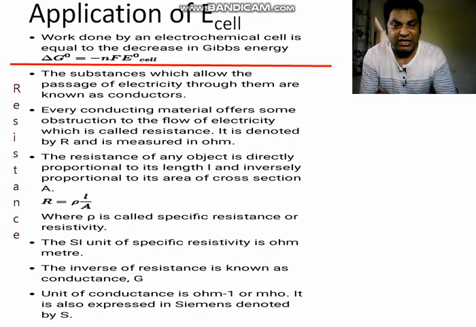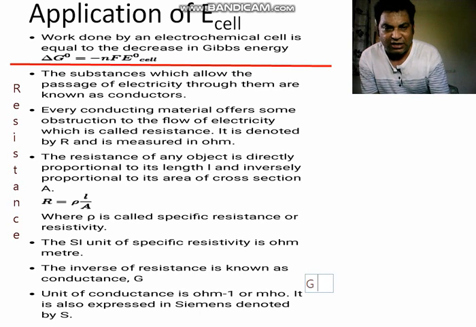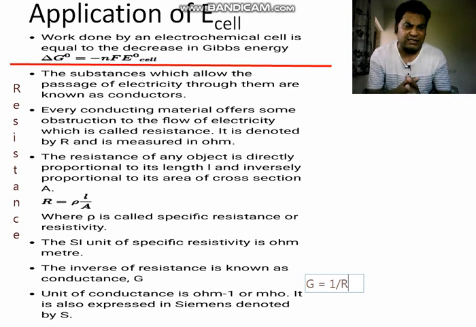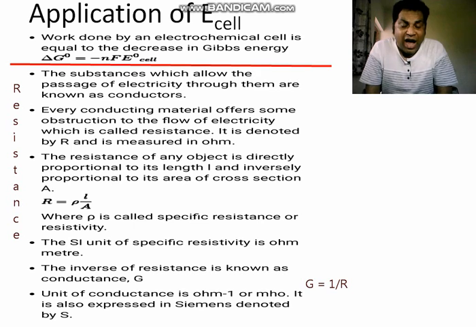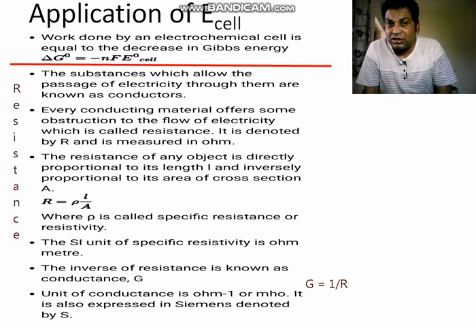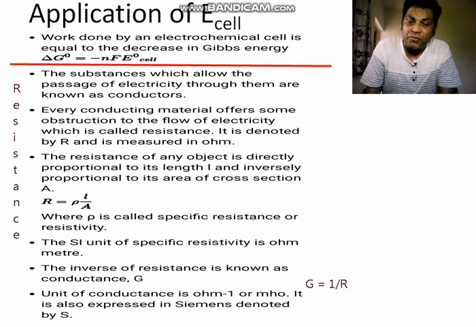The inverse of the resistance is known as conductance. So here we can make another formula for the conductance: G is equal to 1 upon R, where R is the resistance and G is the conductance. The unit of conductance will be ohm inverse, or in reverse you write mho.